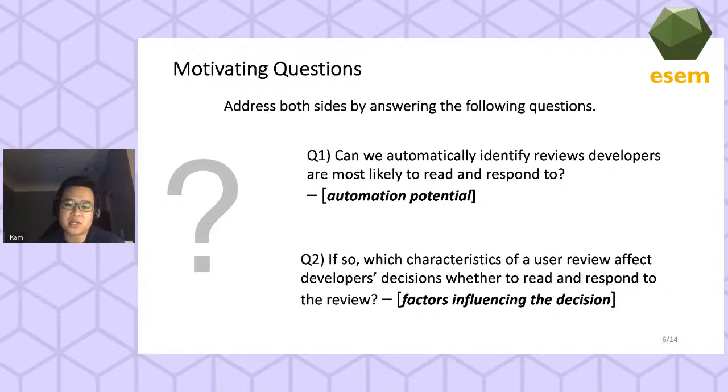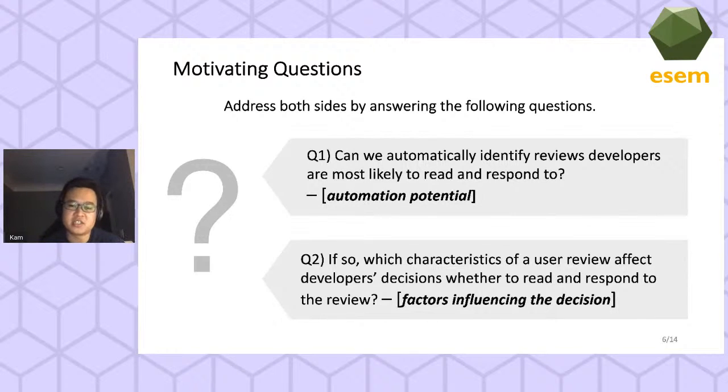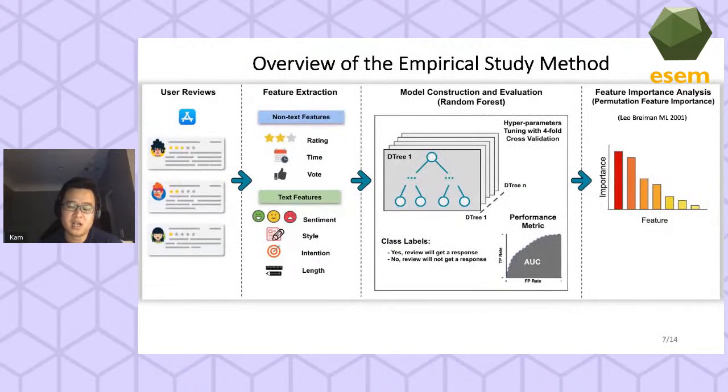To answer these two questions, we create a machine learning model to predict whether or not a review will receive a response. The performance of the model can tell us the potential to automatically identify reviews developers are most likely to read and respond to. And by examining the learned relationship from the model, we can understand which characteristics of a user review influence developer response.